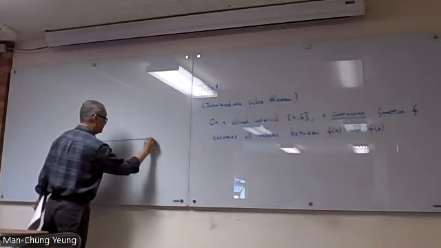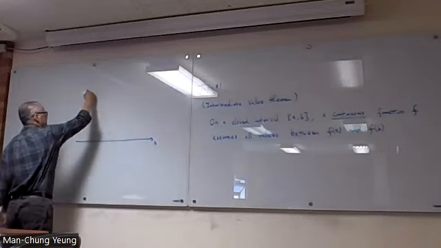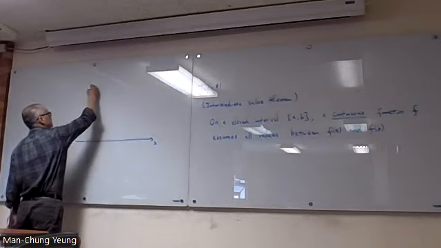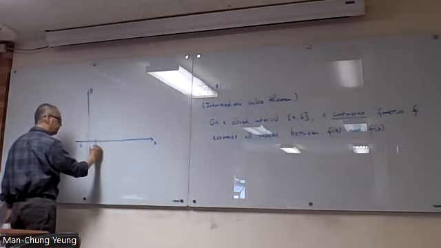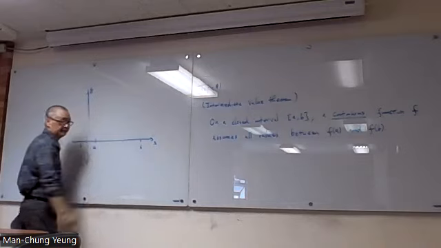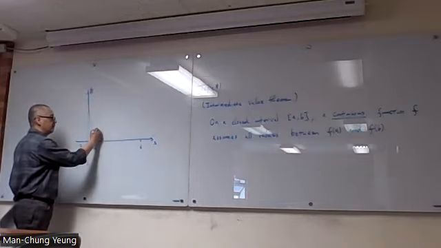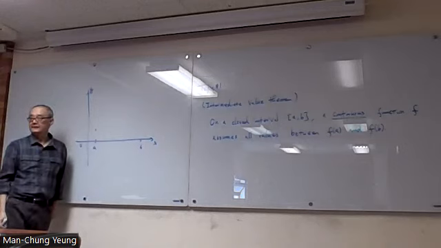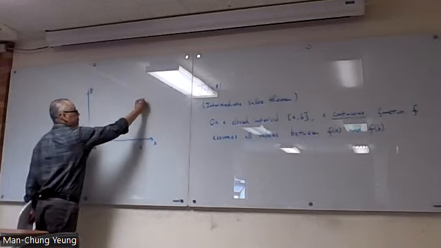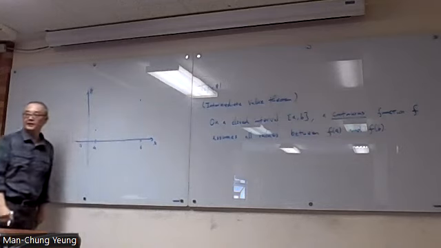Here is the xy plane. Interval AB, say here. Function value at A, this part. Function value at B, this part.